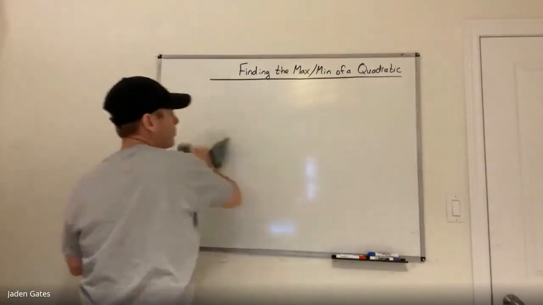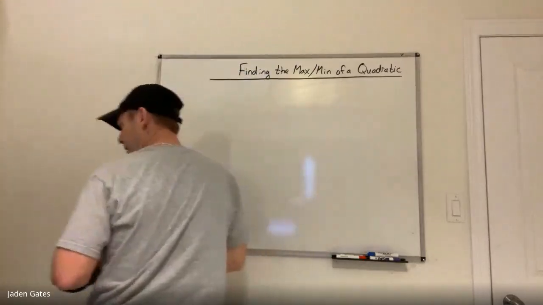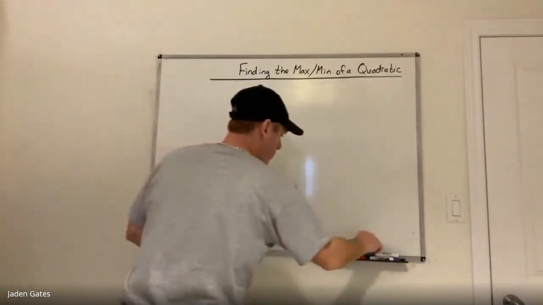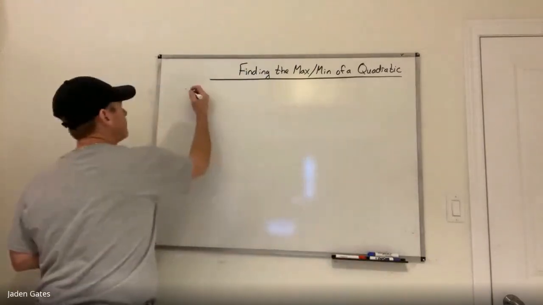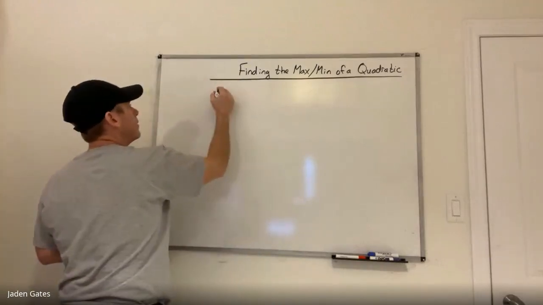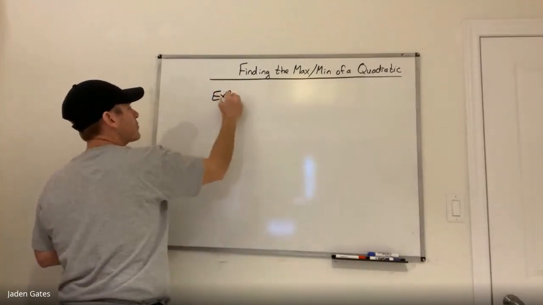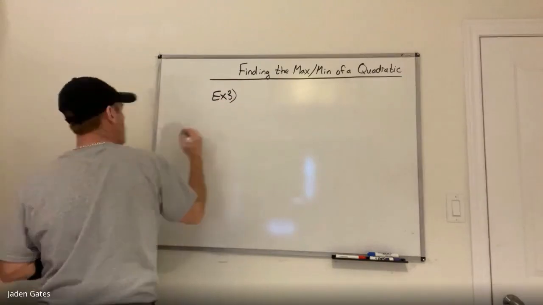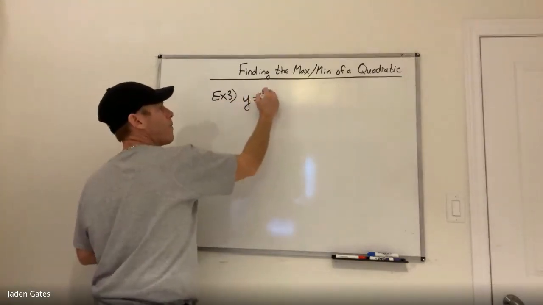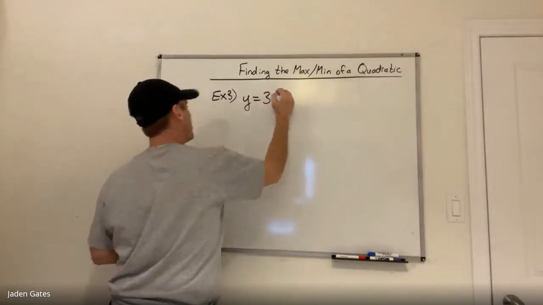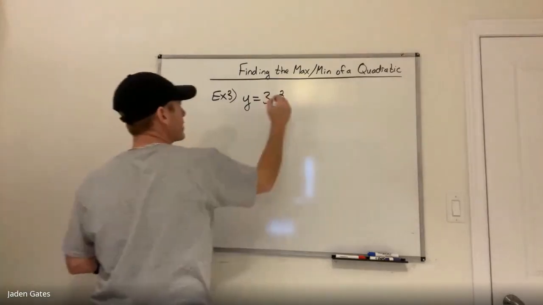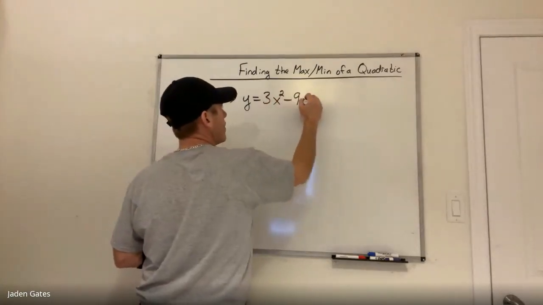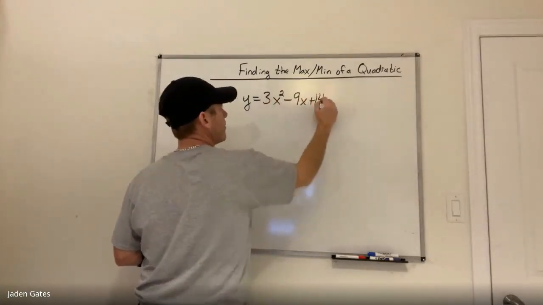All right, so same idea for example number 3, where we're looking at finding the max or the min of y equals 3x squared minus 9x plus 14.